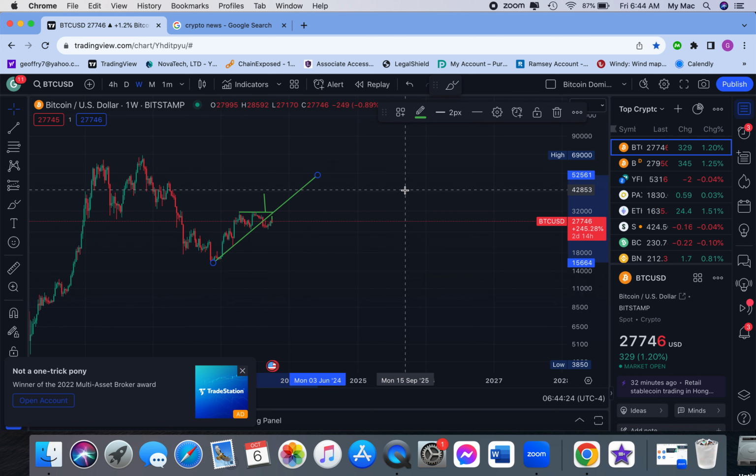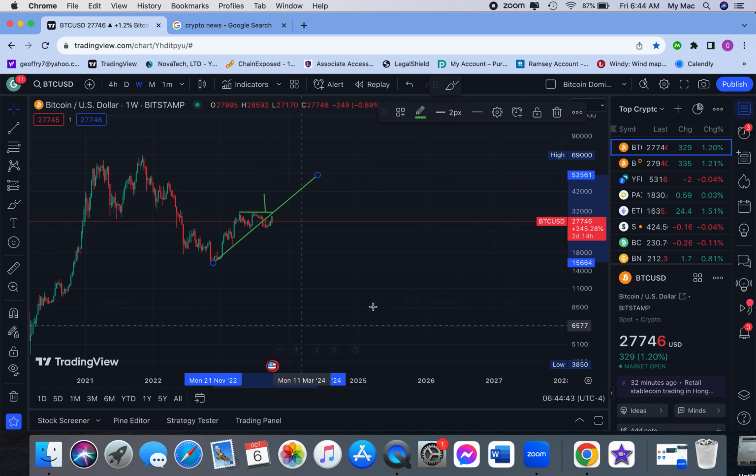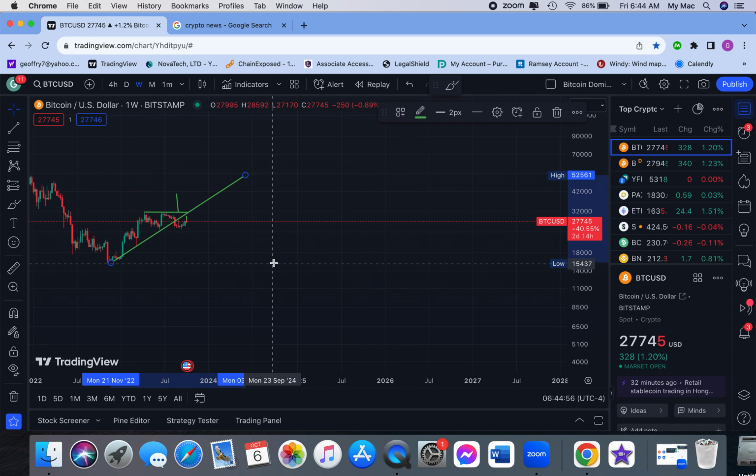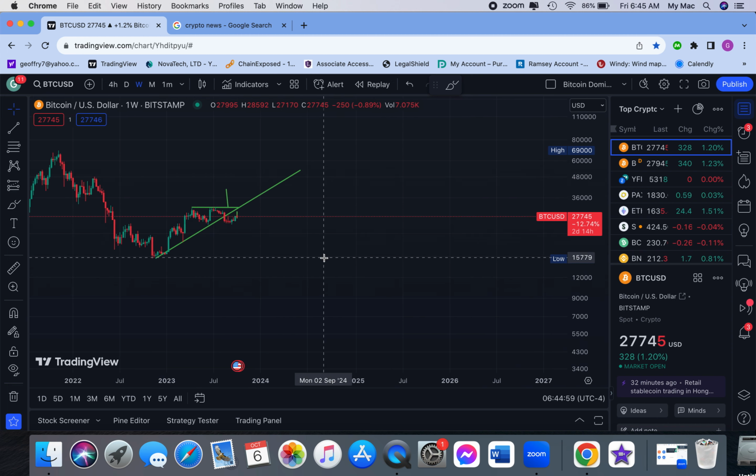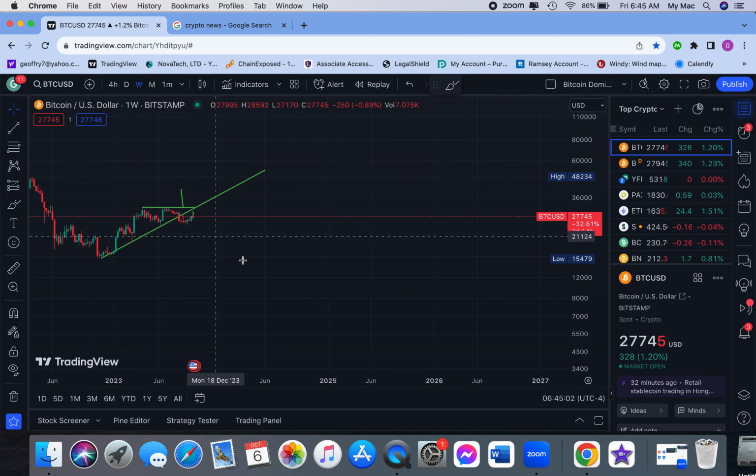So if we go 69,000 and we multiply that by 40%, that gives us 41,400. So somewhere between 35 and 40,000 if we're going to hold true to what happened last time. It's not always the same. History doesn't always repeat, but it rhymes. So currently, that's kind of what I'm seeing on the charts.